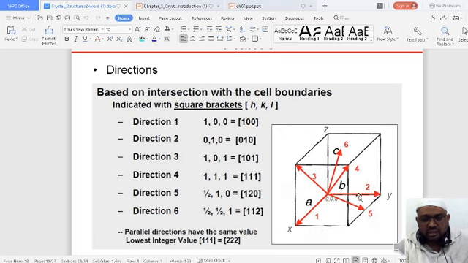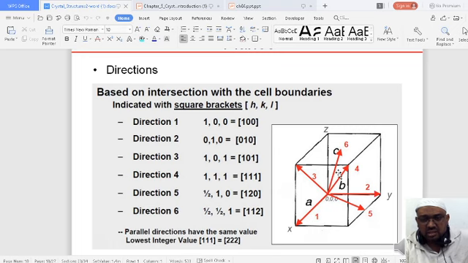And direction 4 is very simple. This direction 4 indicates 1, 1, 1. You can see the x axis, y axis, and z axis. So this 4 is related to 1, 1, 1.